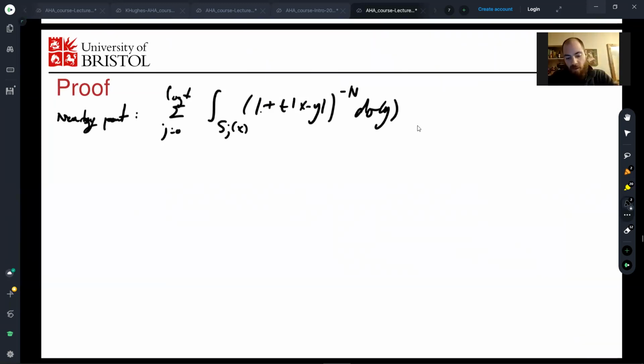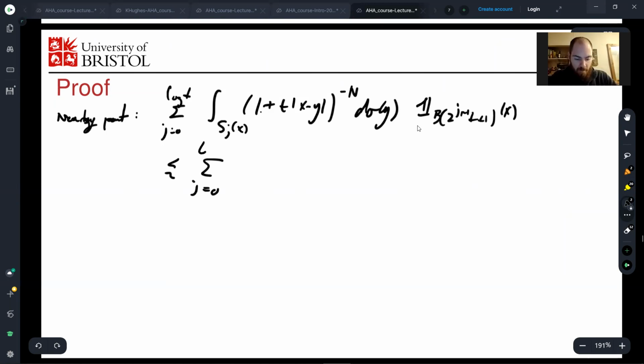And these were localized by that indicator of the ball of radius 2^(j+1)t at x. So this is less than, as before, and this is log base 2, by the way, the following thing.